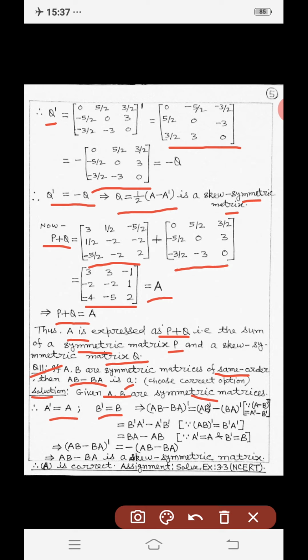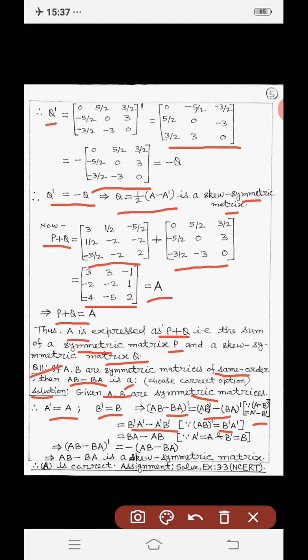This implies that (AB minus BA) whole transpose equal to (AB) transpose minus (BA) transpose, since (A minus B) whole transpose is equal to A transpose minus B transpose. And we can write B transpose A transpose minus A transpose B transpose, since (AB) transpose is equal to B transpose A transpose.